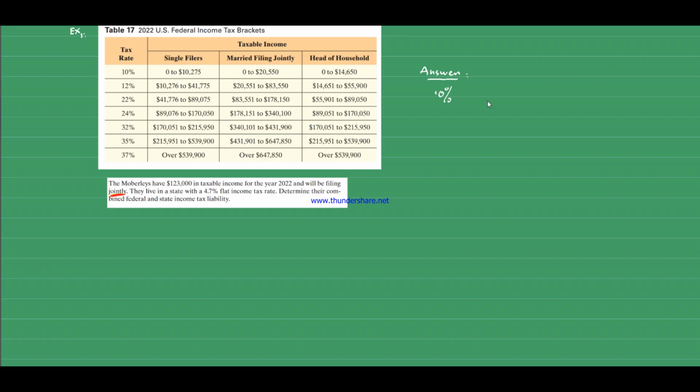It's 10% multiplied by 20,550. So we put it into the calculator. 10% means 10 divided by 100, and you multiply by 20,550. It gives you $2,055.